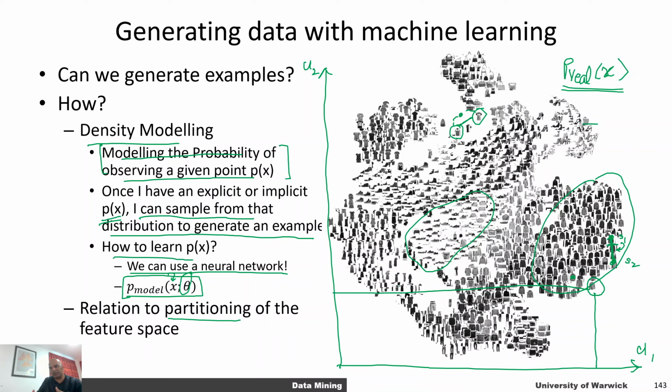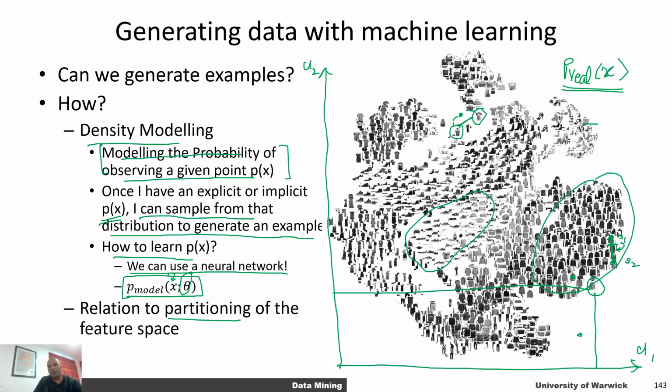Except that density modeling is richer, because when we are trying to partition the feature space, we say that, okay, here is where the boundary of one class or one concept ends, and here is where the boundary of the other concept begins. Whereas in density modeling, we're assigning probability values to each point within our feature space.